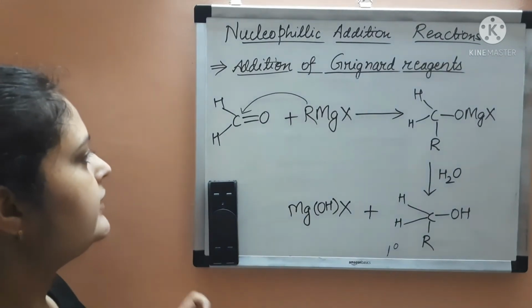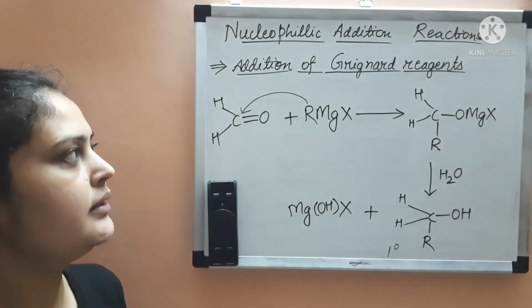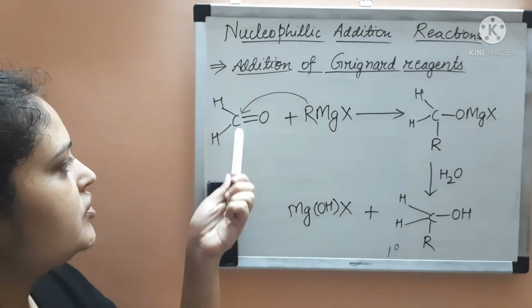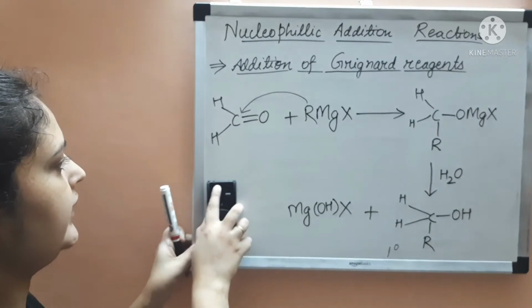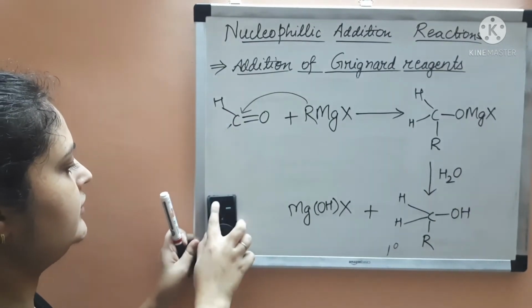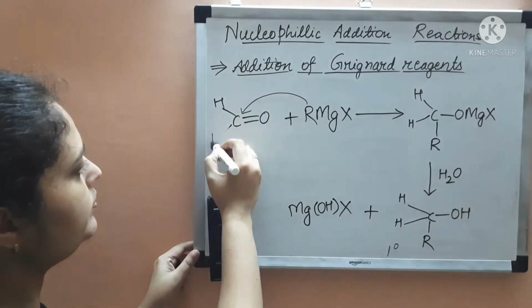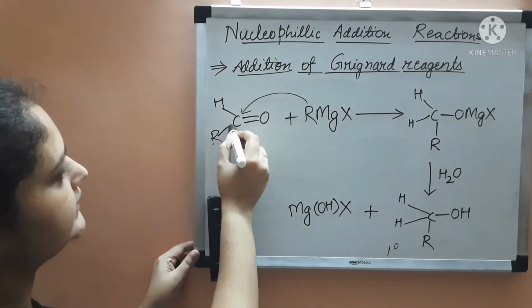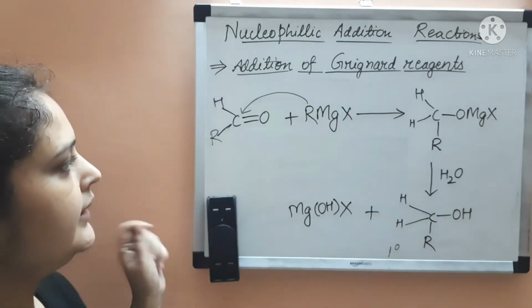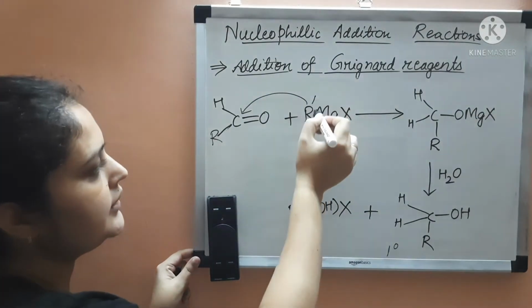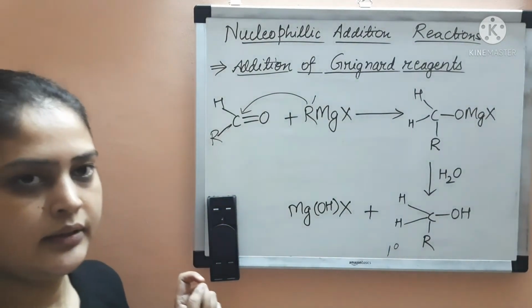The second method is that if you change methanal with any other aldehyde which will have an R group here, so this is RCHO. So this is aldehyde, and here you are taking R'-MgX. Okay.